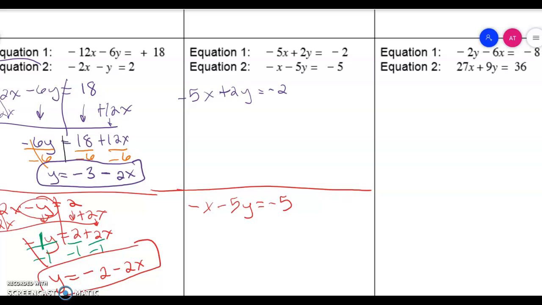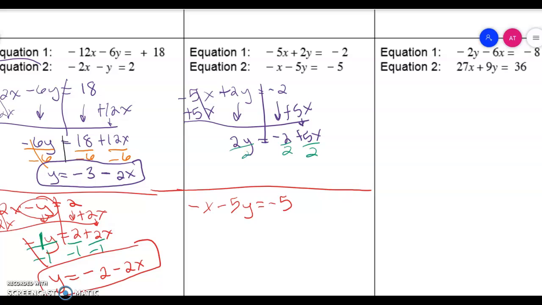Now that you've paused the video, what we're going to do for the first one is get rid of this 5x by adding it to both sides. So you should have gotten 2y equals -2 plus 5x. Now, the real tricky part is dividing everything by 2.